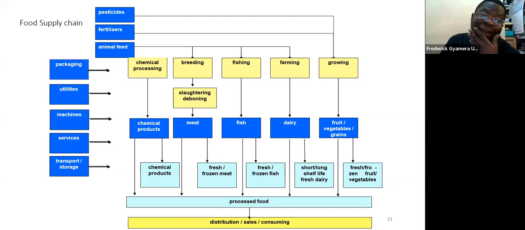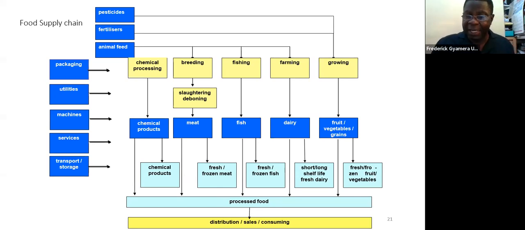What are the potential risks associated with packaging? The utilities, your water, energy, the machines, easy to clean or difficult to clean. Is it stainless, wood? These are all the risk factors you have to consider and go through, depending on where you find yourself, chemical products or meat or fish or whatever, dairy, vegetable, fruits.